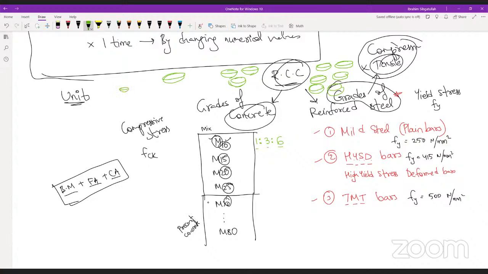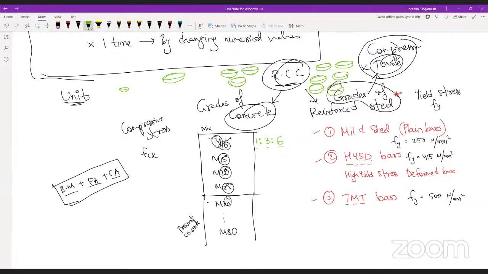From one cement bag, how many bowls of cement is coming? That we will note down. Then we will multiply it with that many bowls of sand and that many bowls of stone. So this is how we calculate it in a practical manner on the site.